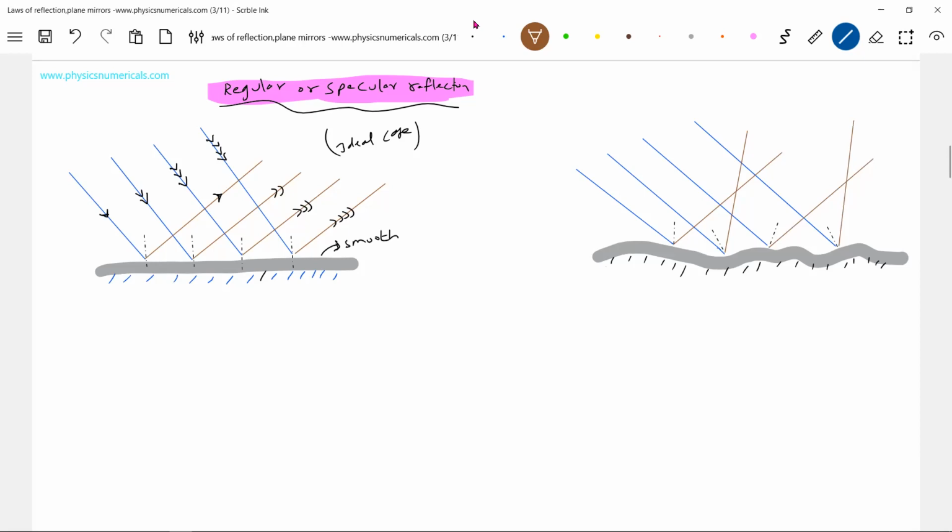Look at normals 1, 2, 3, 4. The beam of light incident is parallel, but check the reflected light. This is what practically happens. This is called irregular or diffused reflection.